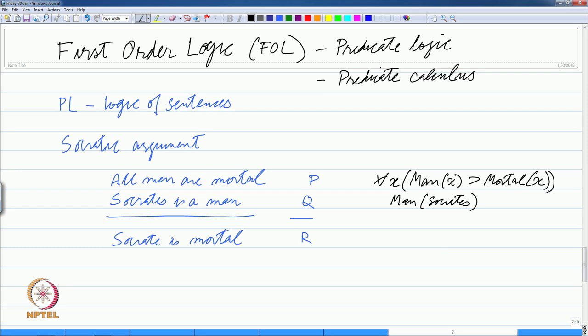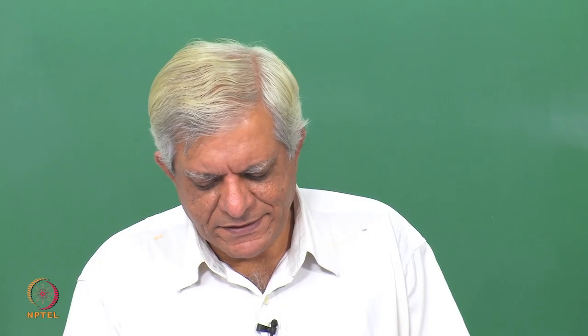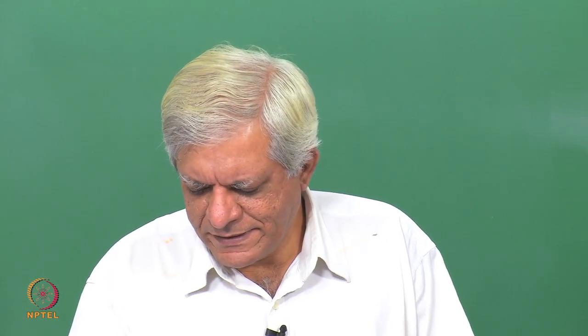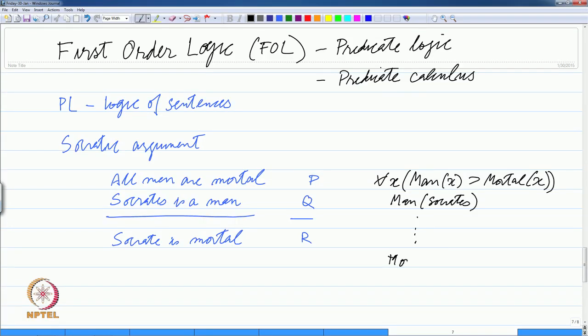The first statement is essentially a rendering of the same English sentence all men are mortal in first order logic, and the second sentence is likewise the second sentence in that, which is Socrates is a man, and from this we would want to derive the sentence that Socrates is mortal, and as we will see, it is indeed possible to do that in first order logic. We will be able to derive.